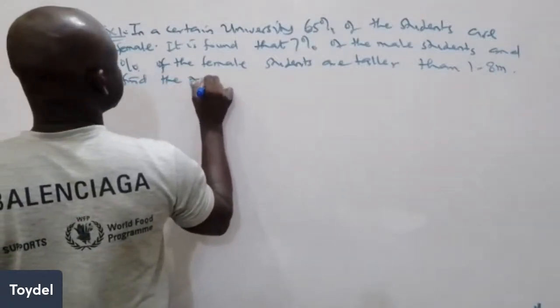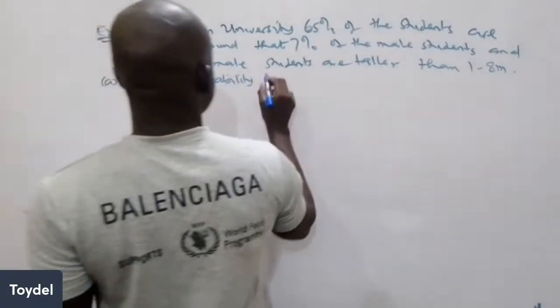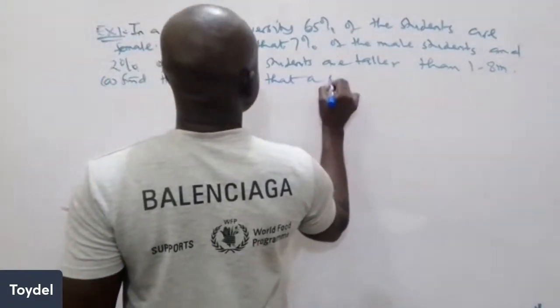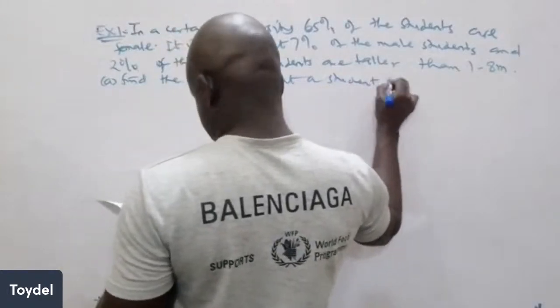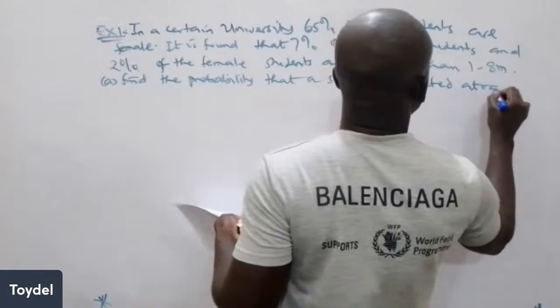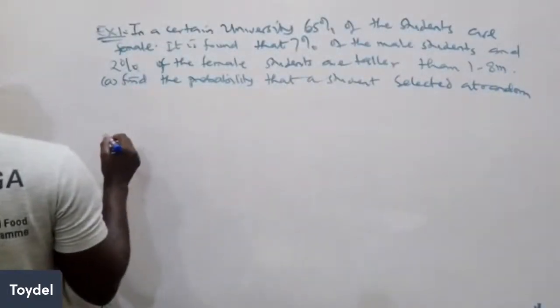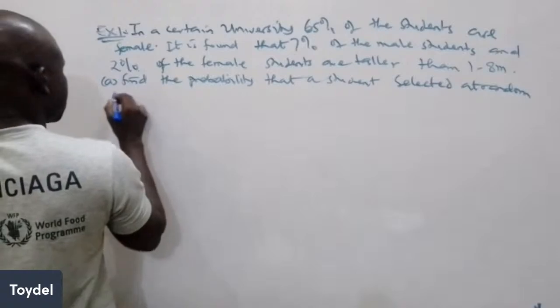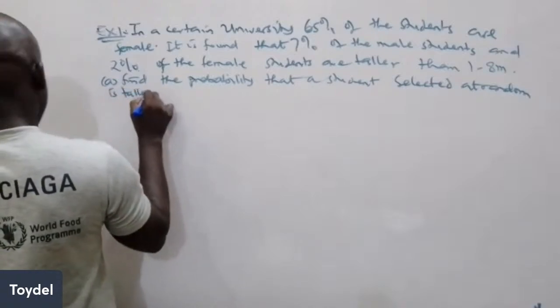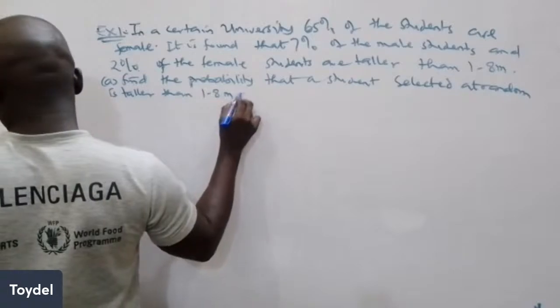Okay, now the first question: find the probability that a student selected at random is taller than 1.8 meters.